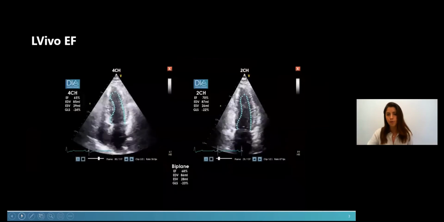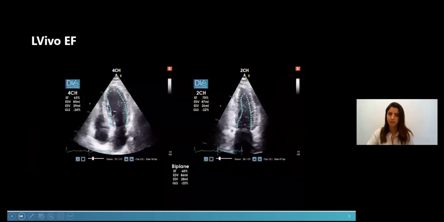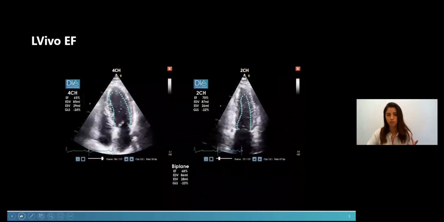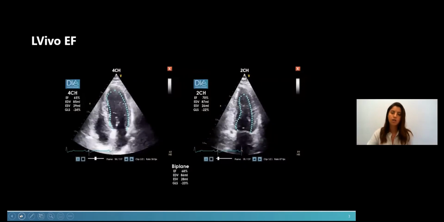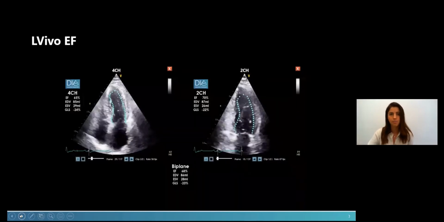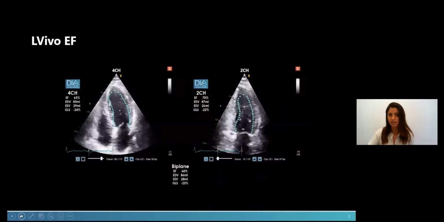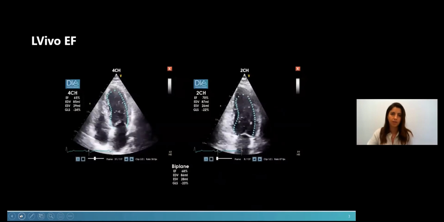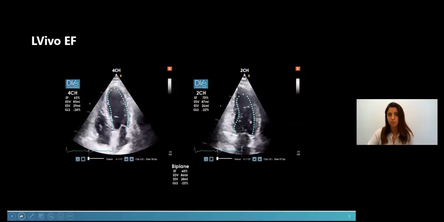Once the user opens the exam from any PACS system, a secondary capture of those 2 views immediately appears with results including end-diastolic volume, end-systolic volume, ejection fraction, biplane, and GLS, also the LV border detection in motion.